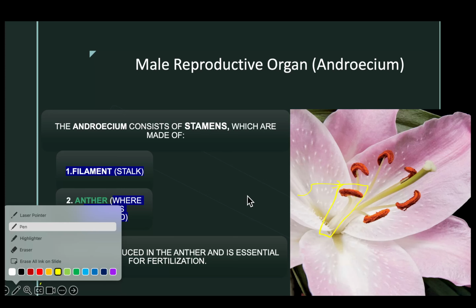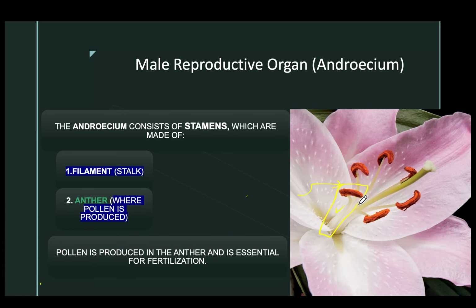This long cylinder part is known as filament, and the structure which is present at the top is anther. So the structure which is long and cylindrical is known as filament, and the structure present at the top of the filament is anther.